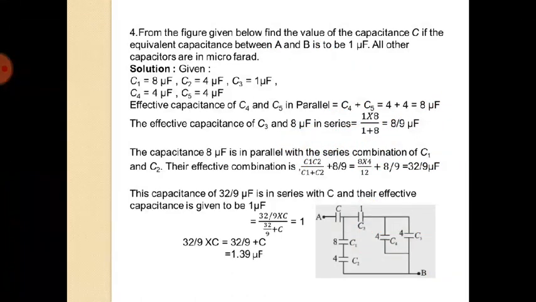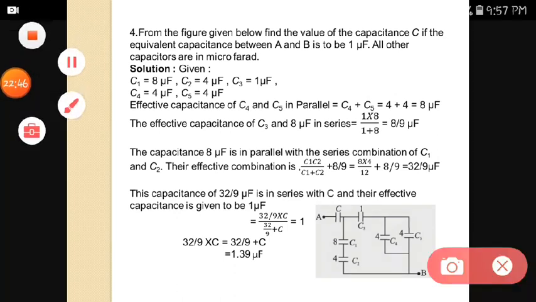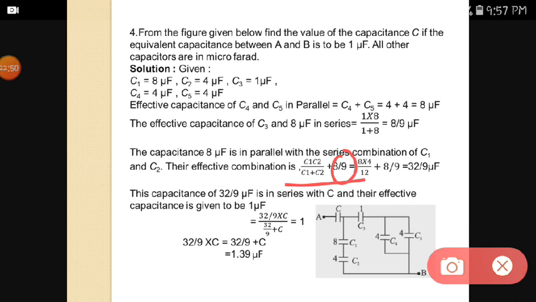When two capacitors are in parallel, we can directly add. So it is 8 by 9 plus the series combination of C1 and C2, that will be C1 C2 divided by C1 plus C2. By putting the values, we are getting 32 by 9.